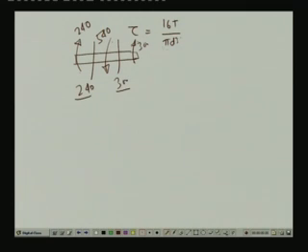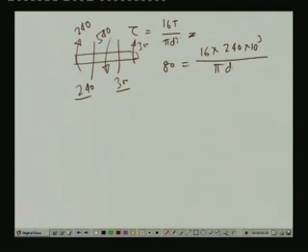If we compute the value of stress for the first one, the shearing stress is limited to 80. So, 80 is equal to 16 times 240 into 10 to the power 3 divided by pi d cubed. From this we get d as equal to 24.82 millimeter.